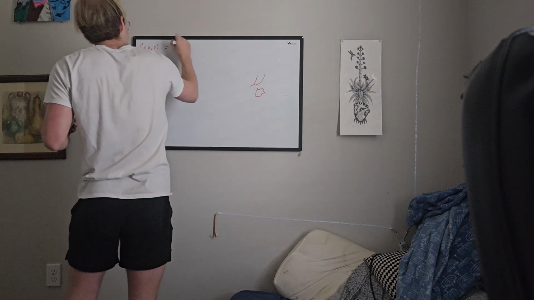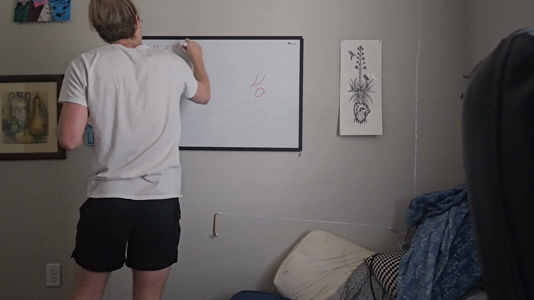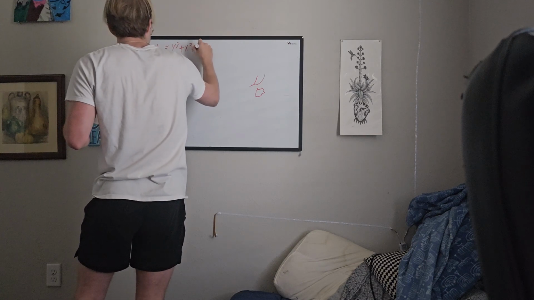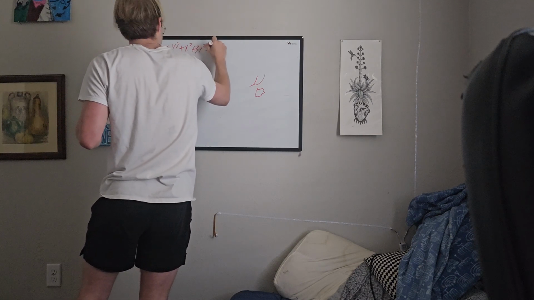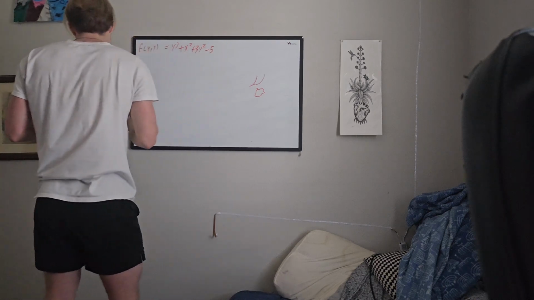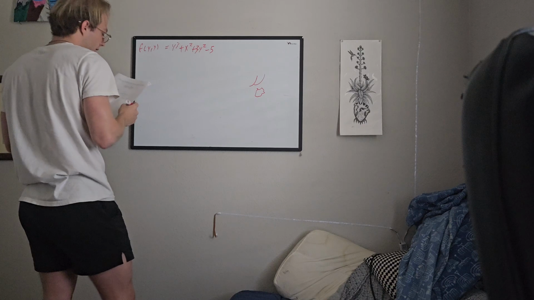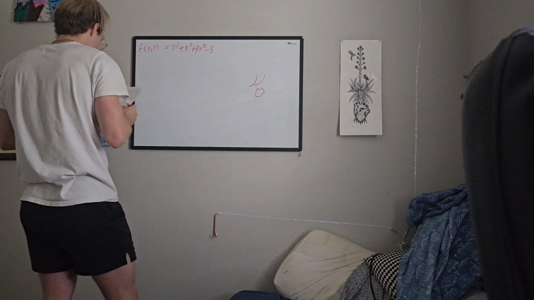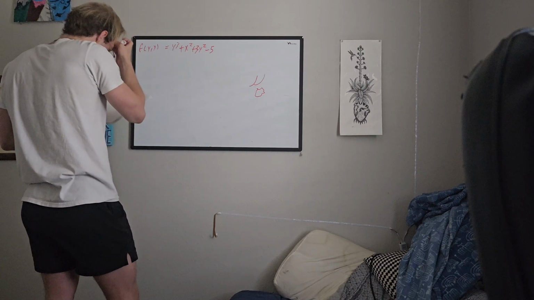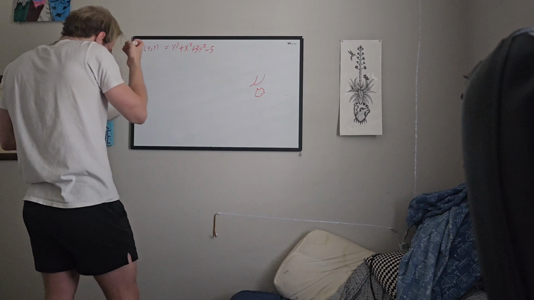Okay, so f of x, y is equal to y to the third plus x squared plus 3y squared minus 5. And we're looking for the local maximum value, the local minimum value, and the saddle point. How do I do this? Oh, okay.